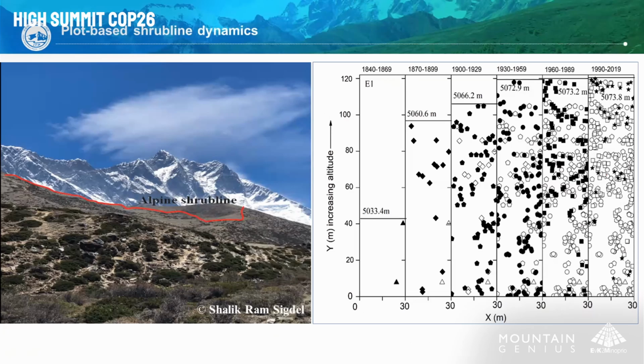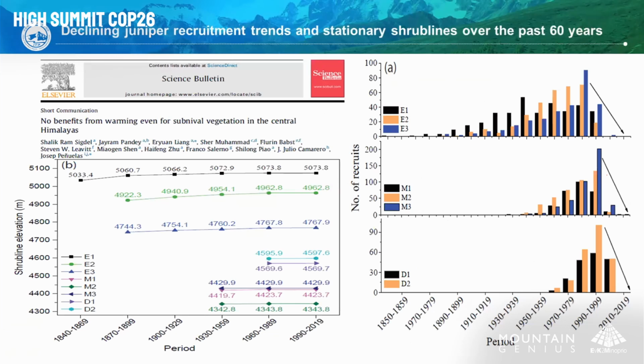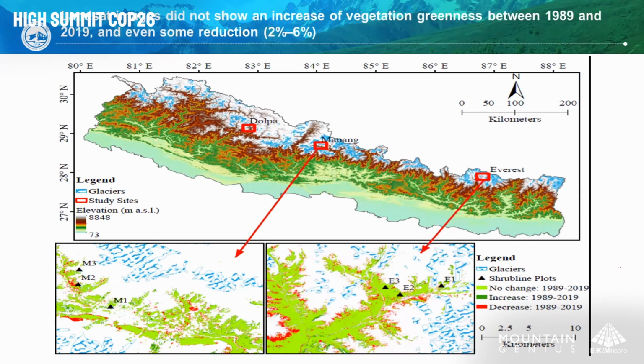We are also working on research in the South Himalaya, but I have not checked it. There is another case study in the South Himalaya, and we also found the same thing, reduced recruitment in the last several decades. So this is due to the warming. The warming is a risk for this high elevation shrubland.